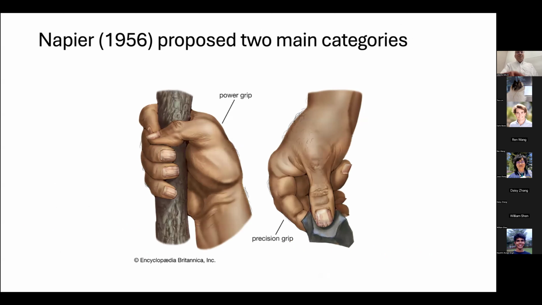But somehow Napier's classification is the one which caught on. Whenever there's a classification or taxonomy, you can choose how deep to go. But the highest level is the distinction between a power grasp and a precision grasp.